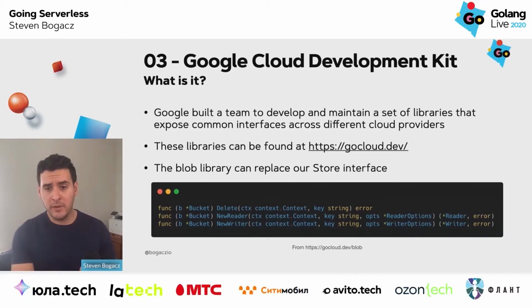And by doing this, we actually get to delete all of our previous store code, and all our server has to know now is that it's going to have a Google Cloud Development Kit blob bucket client, and that's all it has to interact with.